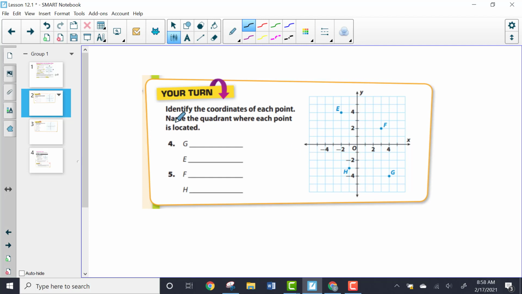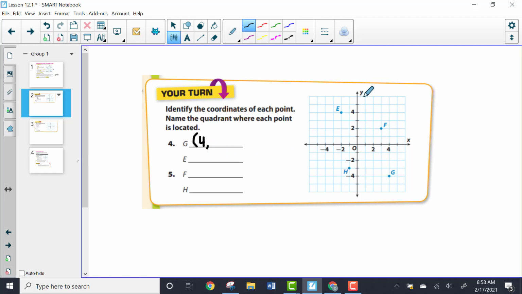Okay, so what we need to do, we need to identify the coordinates of each point and then name the quadrant. So with this, it's important to understand that when you see a point, you need to figure out what x-coordinate it's aligned with. Okay, so we can see that G is aligned with +4. All right, and then also whenever we're writing the coordinates, we have to have parentheses there. So it's +4 it's lined up with.